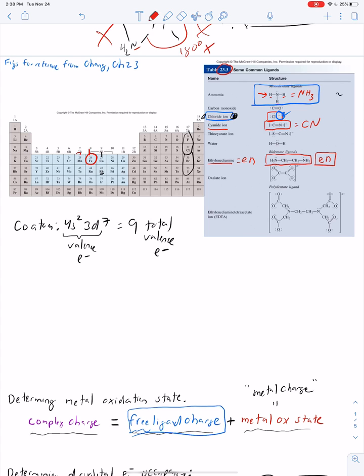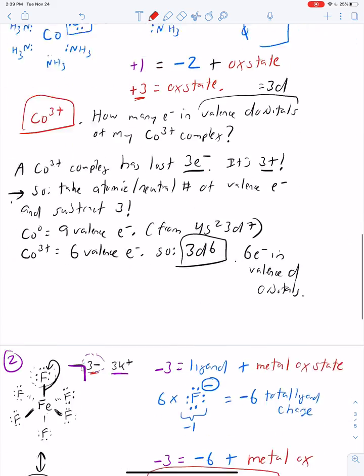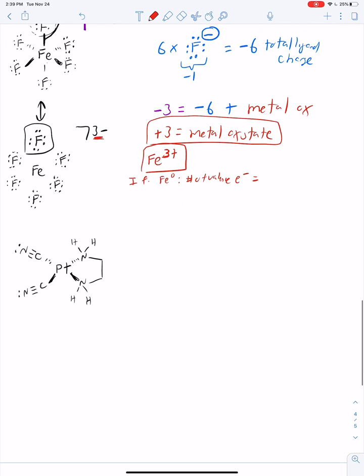Well, I got 1, 2, 3, 4, 5, 6, 7, 8. Because again, I'm taking into account both the 4s and the 3d. I'm taking into account every kind of electron that makes up that valence row. So there would be 8 valence electrons if I had iron 0.